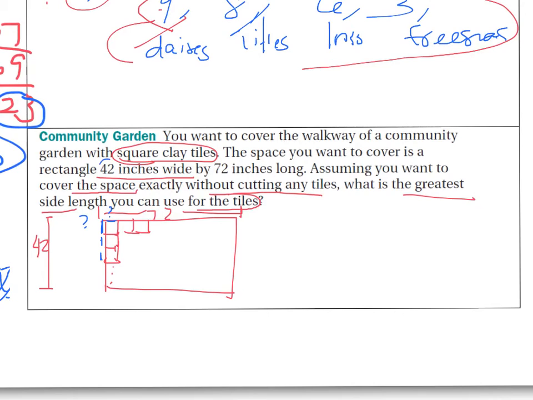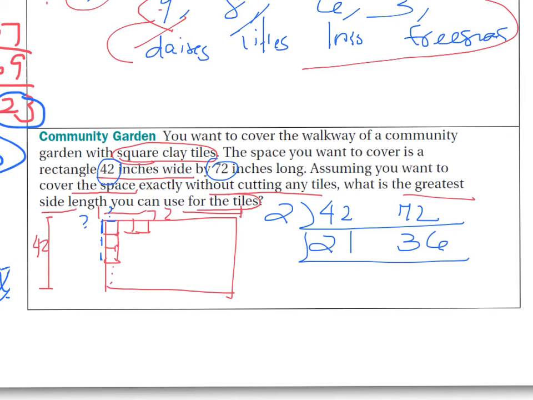So we need to take the number 42 and 72, and we need to find the greatest common factor. 2, 2, 1, and then we have 36. And we're moving down. Okay. 3 times, 12.